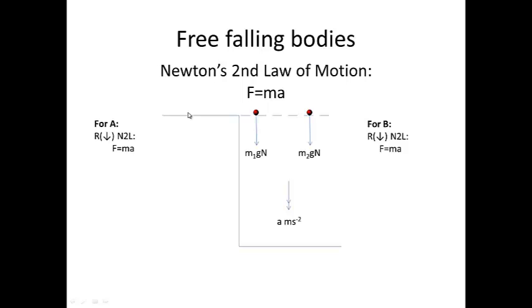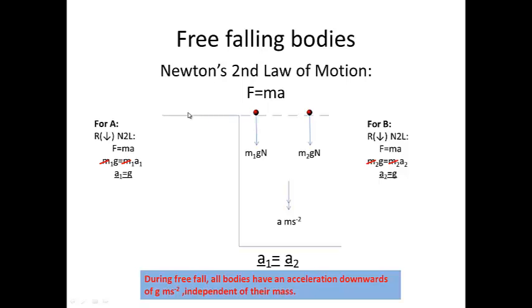For object A, applying Newton's second law, we get m1g, which is the force, equals m1a1. And the m1 cancels out, so a1 equals g. Likewise for object B, where a2 equals g. So now we can say that a1 equals a2, because g is just a constant, it's the gravity of Earth.